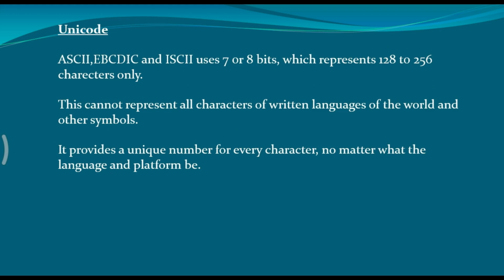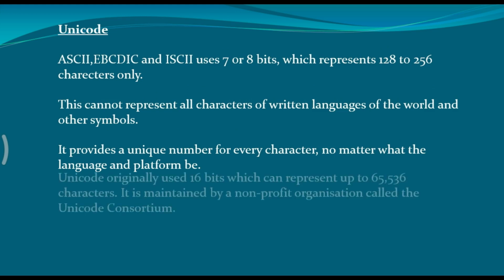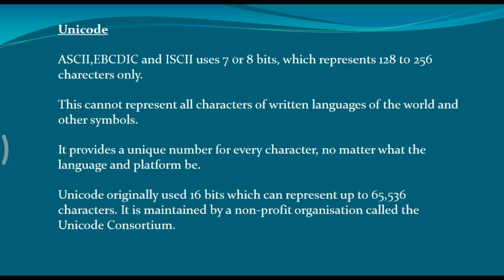Regional languages means languages other than English. Unicode originally used 16 bits, which can represent up to 65,536 characters. It is maintained by the non-profit organization called the Unicode Consortium.